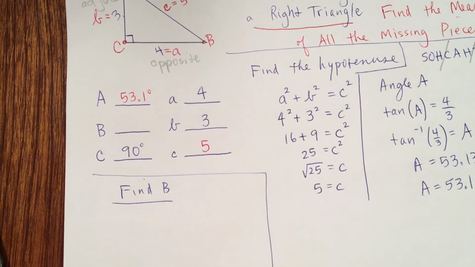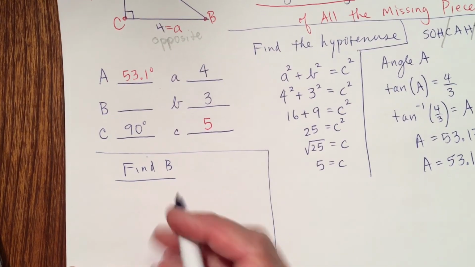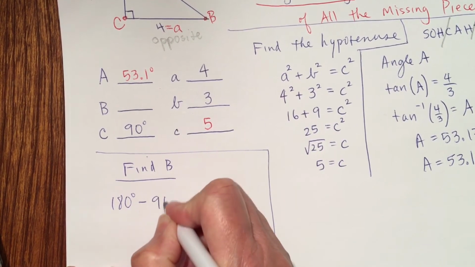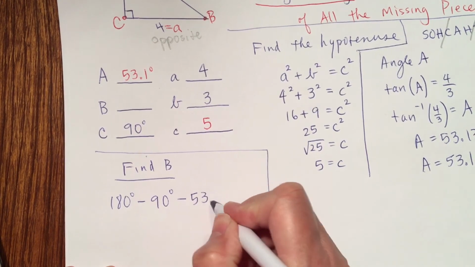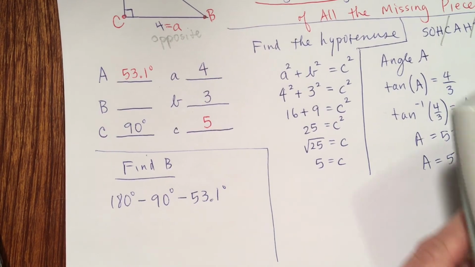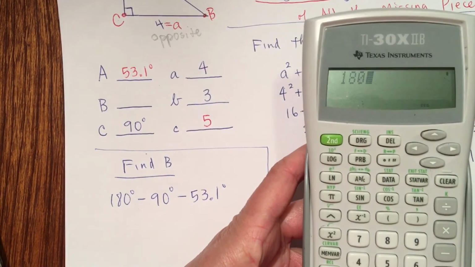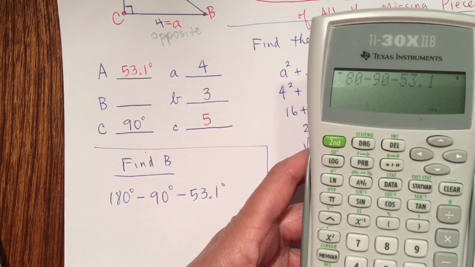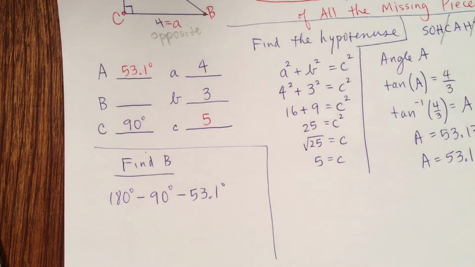I could use a trig function, but I could also say, wait a minute, 180 degrees minus the right angle minus 53.1 degrees, angle A, will get me angle B. Let's type that in the calculator. 180 minus 90 minus 53.1 equals 36.9.